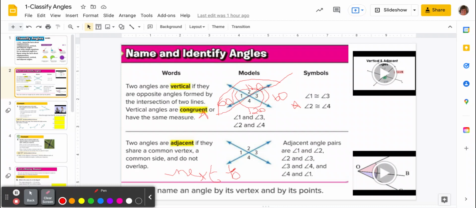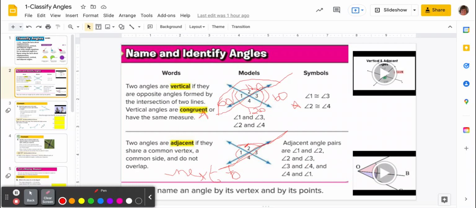They really don't share anything special other than one is next to two. So they're next to, they're adjacent. In this case, they also happen to be equal to a straight line. So if we have this straight line right here, we know that angle 1 plus angle 2 has to equal 180 degrees. You can name an angle by its vertex and by its point.